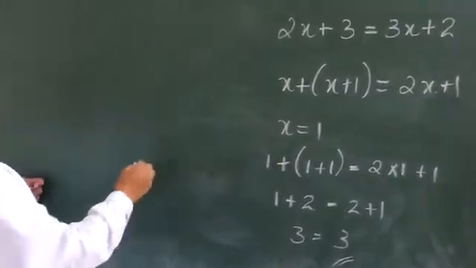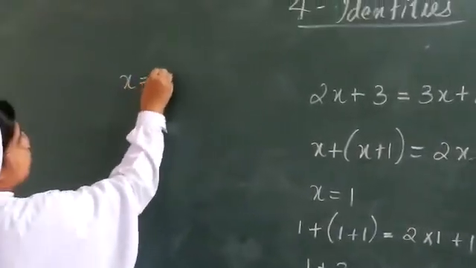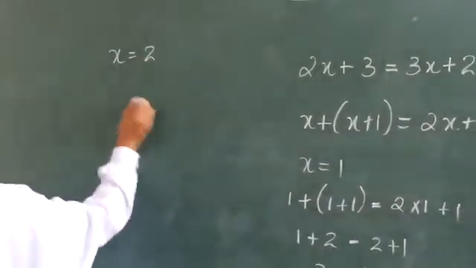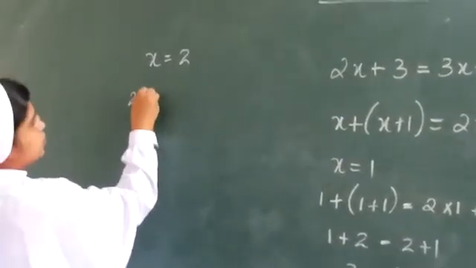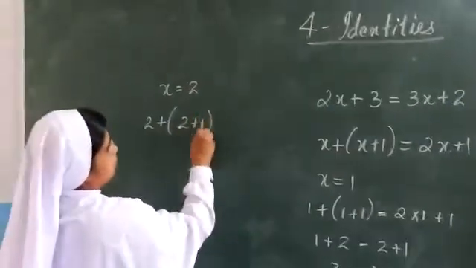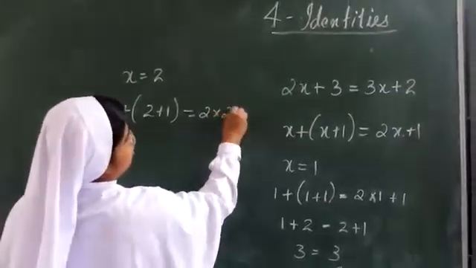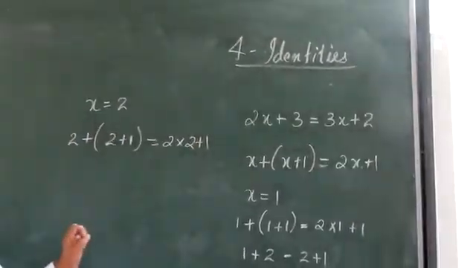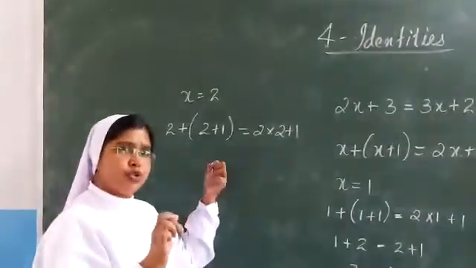Okay, now I am going to put another value for x. Let x is equal to 2. So what will I get? I am going to substitute. Instead of x I am going to put 2. 2 plus 1 is equal to 2 into 2 plus 1. You have to keep in mind wherever there is x I am going to put 2.